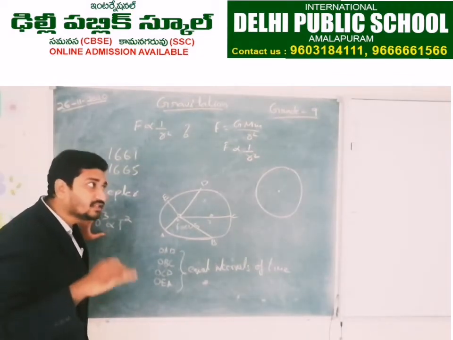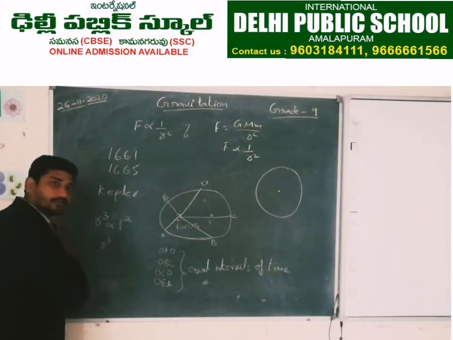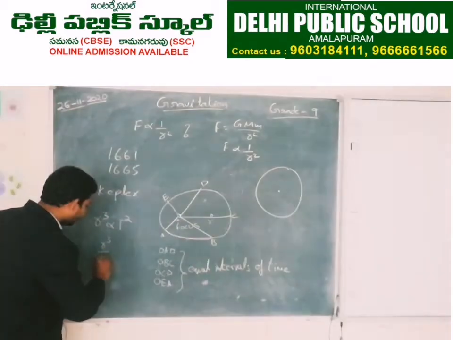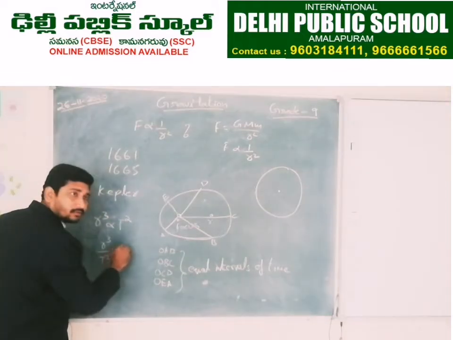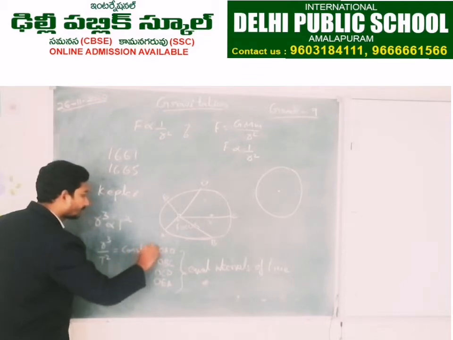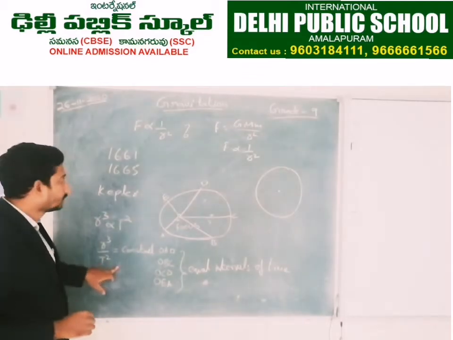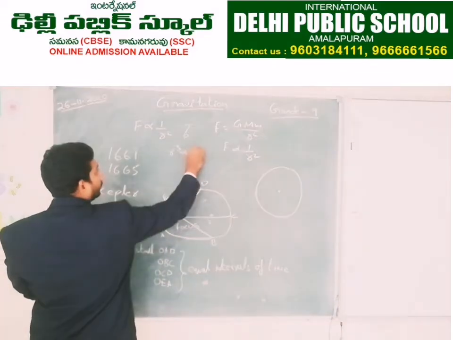So from the third statement, we got r cube by t square is equal to some constant. How did we get this? I'll write here r cube is proportional to t square.